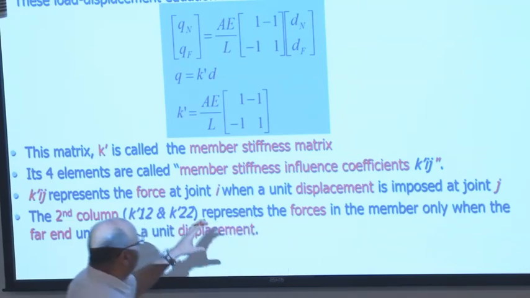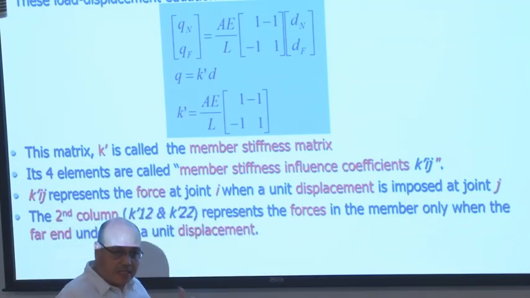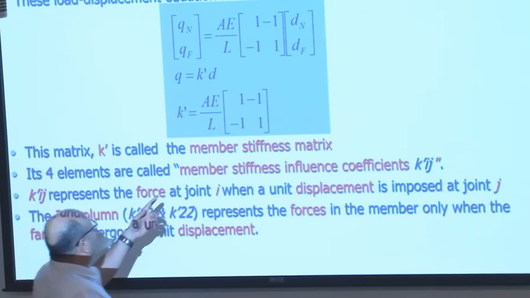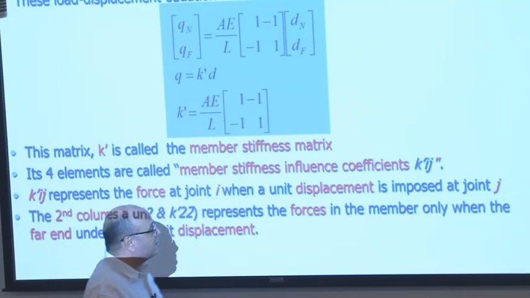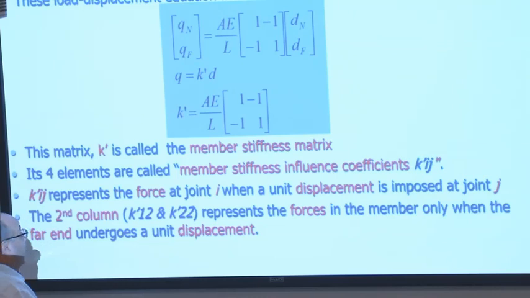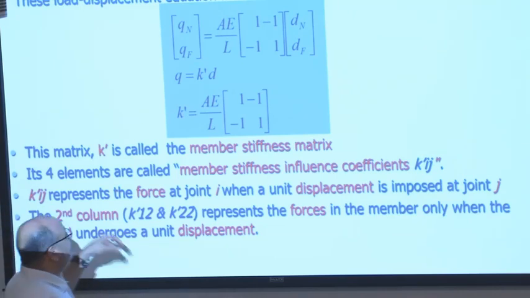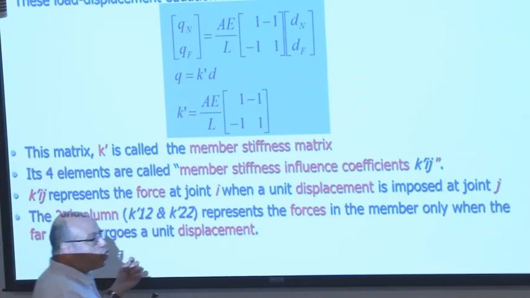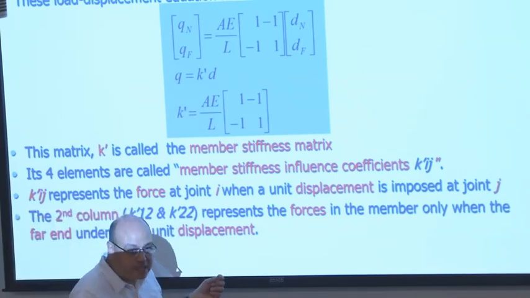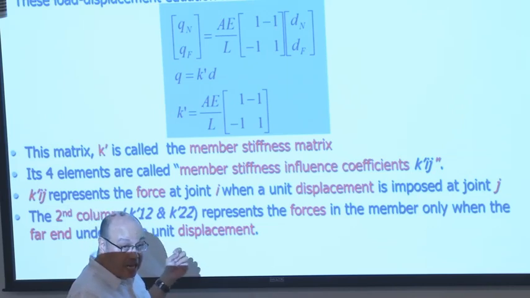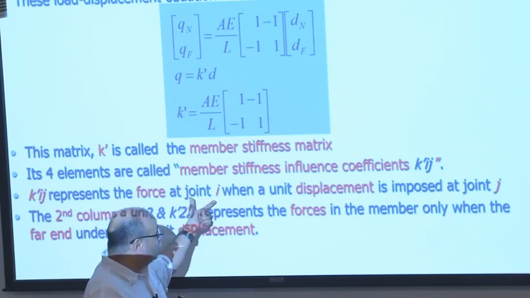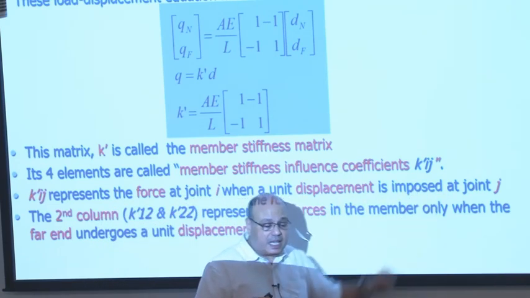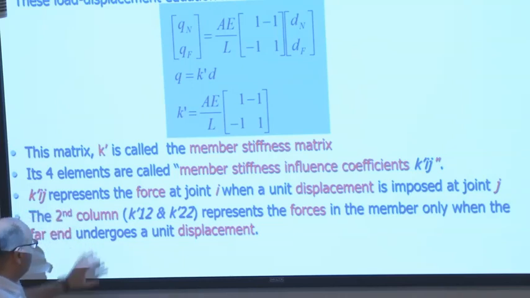Can we notice something here? It's a square matrix. That's number one. The second thing is that along the diagonal here, you will have positive values right there. And as you can see here, the Kij prime is the force at joint i due to displacement at joint j. So Kij prime is telling you the force developed at joint i due to a displacement at joint j. And this is going to give you an idea of this matrix.